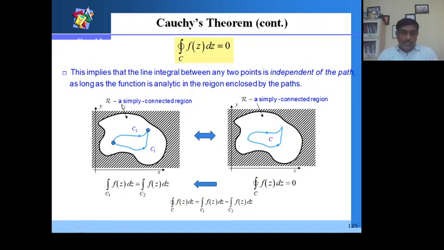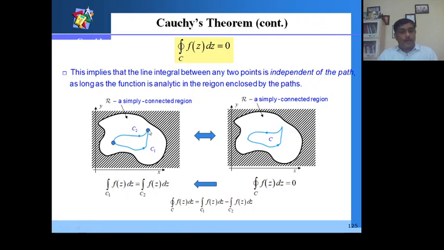Here you can see a simply connected region R. If you are observing here, there are 2 points inside the region. Then there are lines, that is, line integrals. One of them is C2, another one is C1.